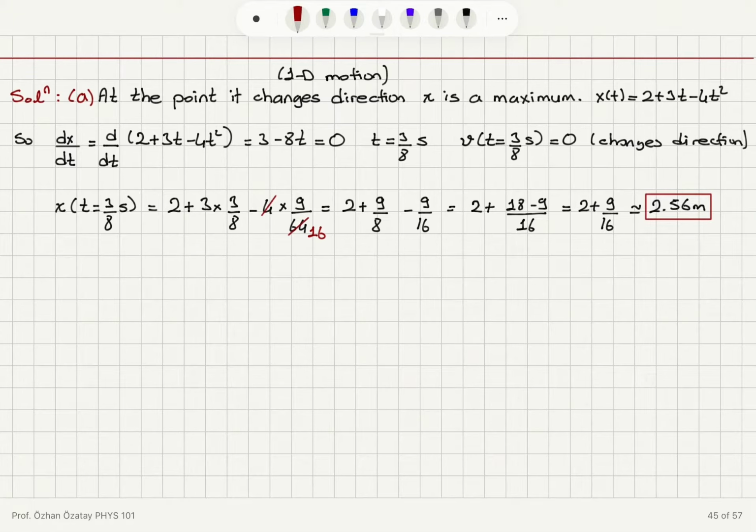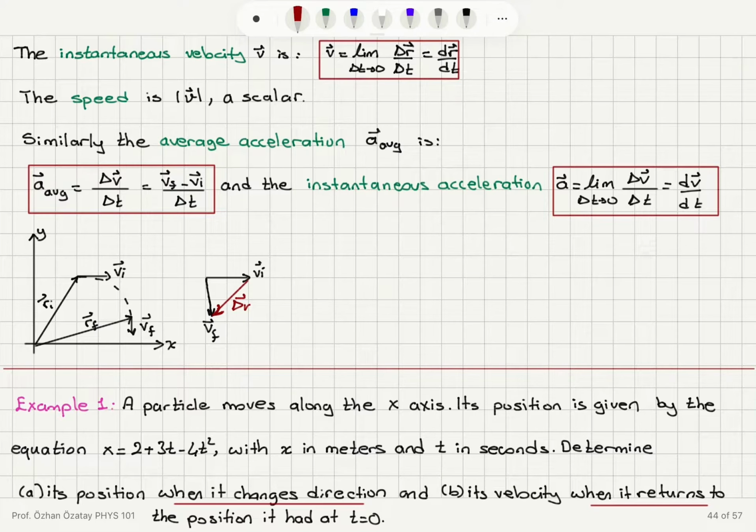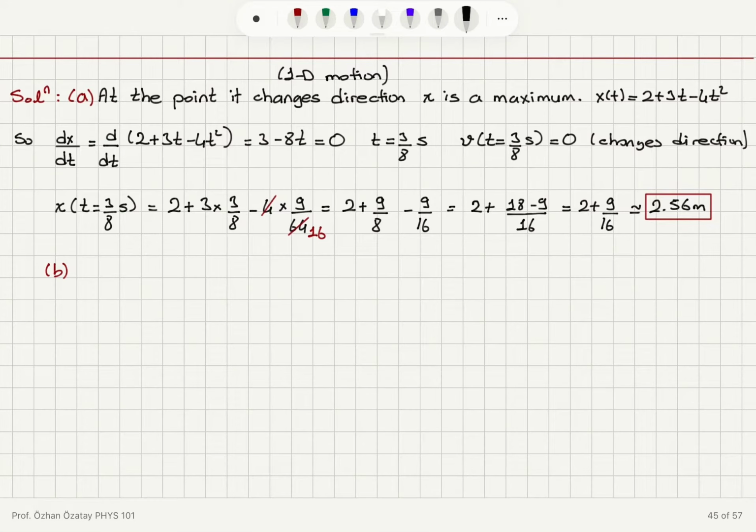Okay. Now part B, we need to know its velocity when it returns to the position it had at t equals 0. So what is the position at t equal to 0? Let's determine that. At t equal to 0, if I substitute t equals 0 into 2 plus 3 times 0 minus 4 times 0 squared, I obtain 2 meters.